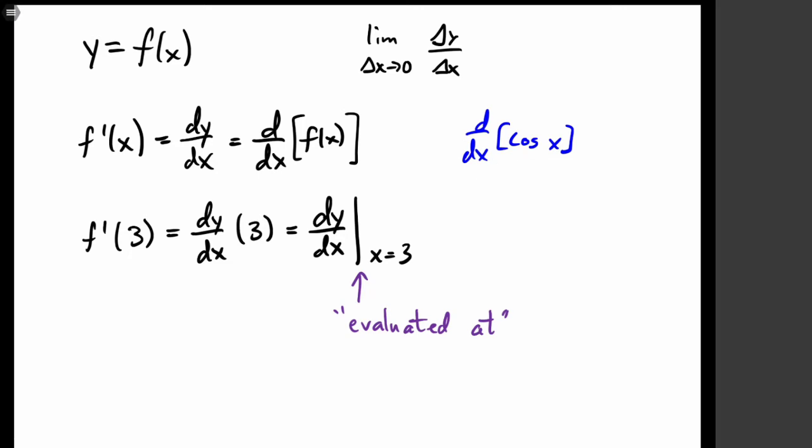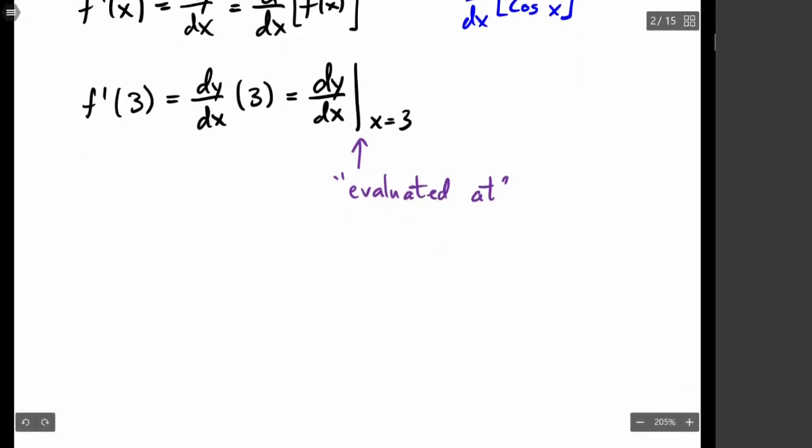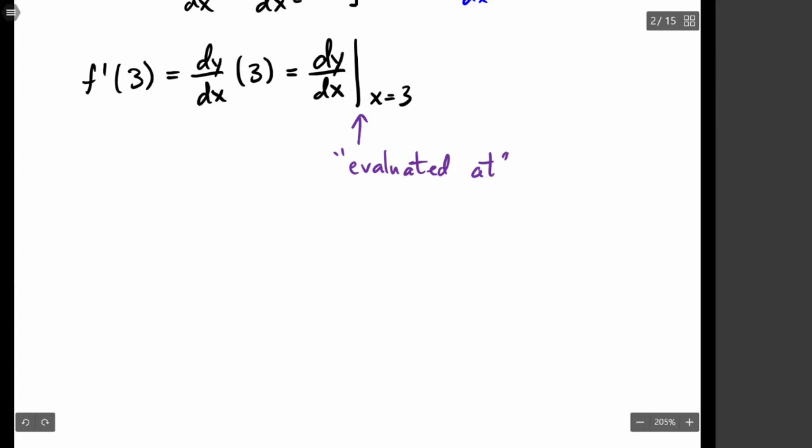Another part of this notation I want to talk about, and this is really why this kind of notation right here is important: if we have the derivative, we now know that this is a function of x.